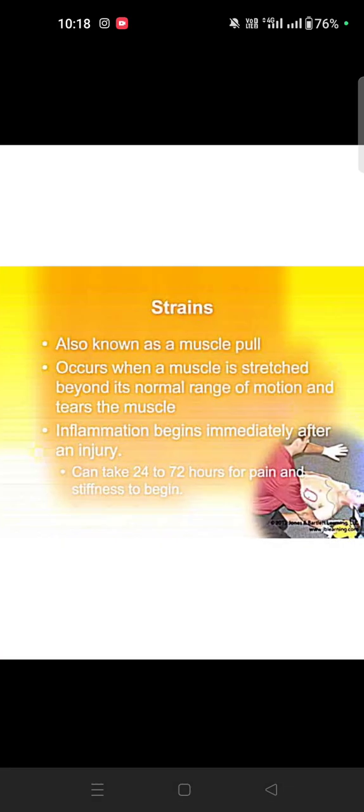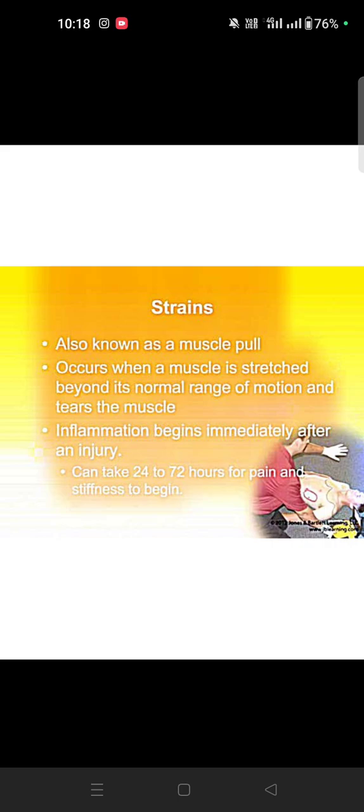Muscle injuries are not real emergencies. Strains are also called muscle pulls. A strain occurs when a muscle is stretched beyond its normal range of motion. Inflammation begins immediately after the injury, and pain and stiffness can begin within 24 to 72 hours.